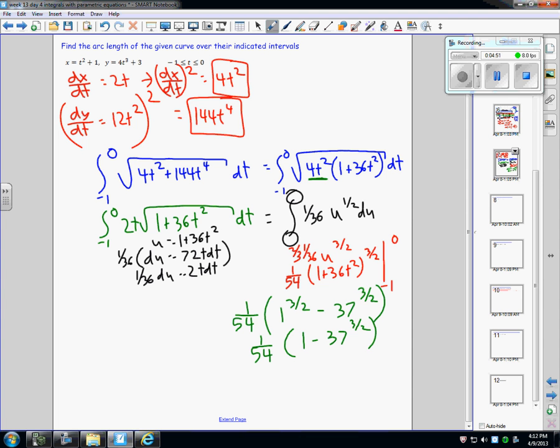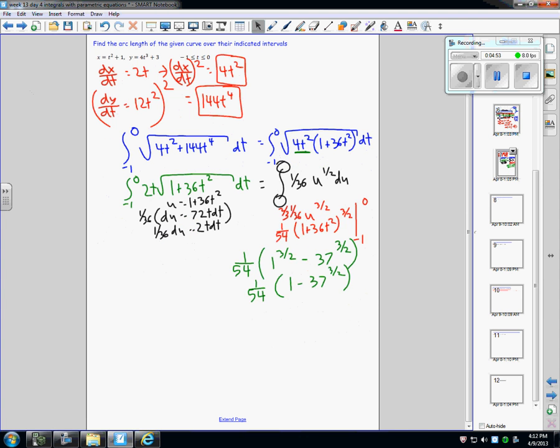Well, realize this. When you talk about integrals, remember, the integral from a to b of something equals the negative integral from b to a of that same something. Arc length cannot have a negative length.